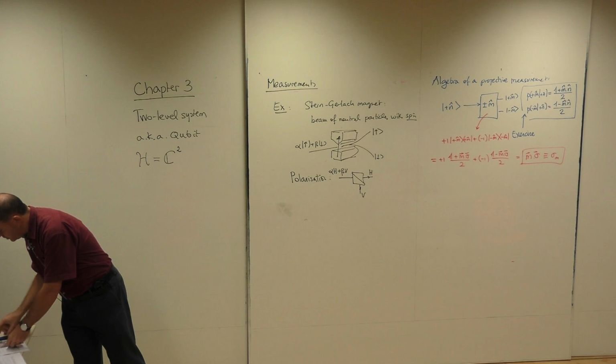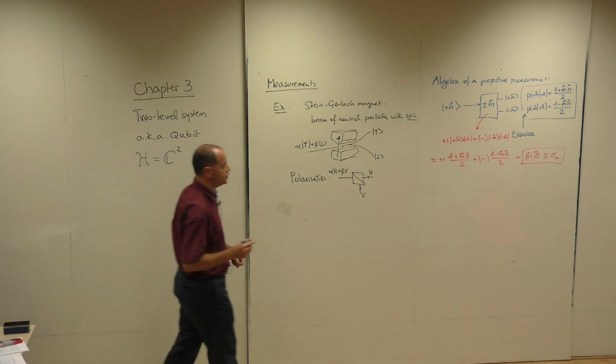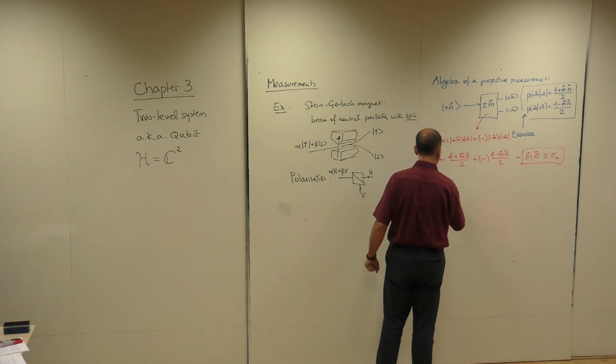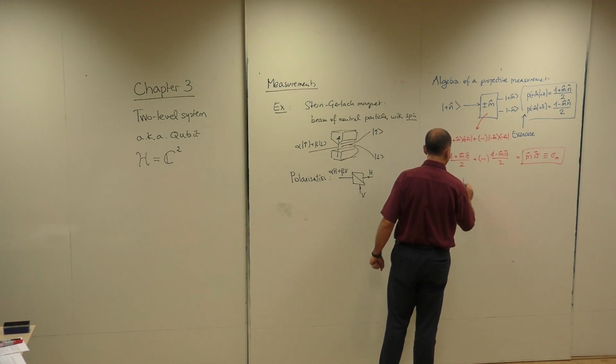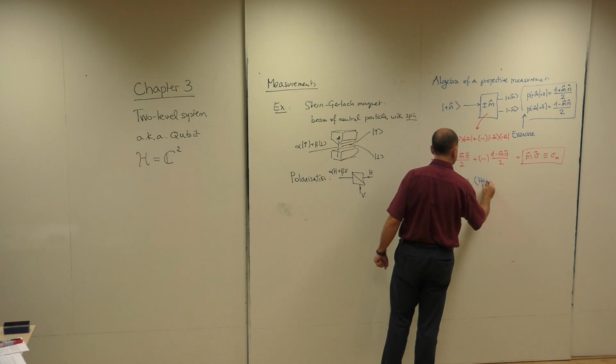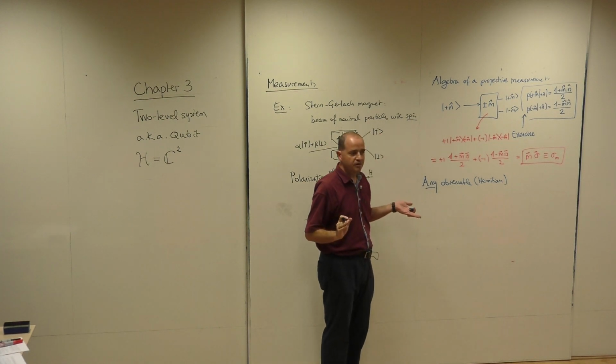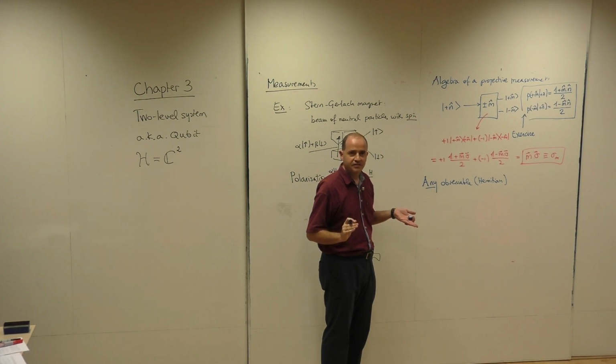Now a very generic observable, last observation for this class. Any observable must be Hermitian, so any observable will be a combination of the Pauli matrices and the identity.